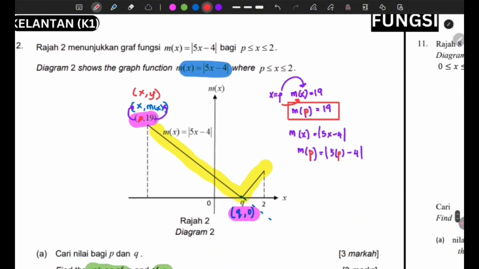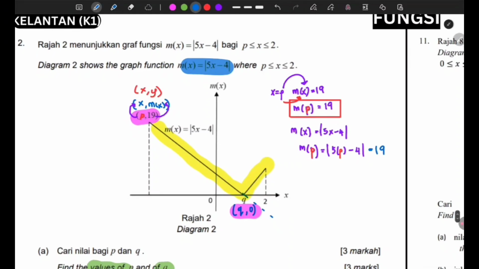So you can actually say this is also equal to 19. So this will be my equation: |5p minus 4| equals 19.